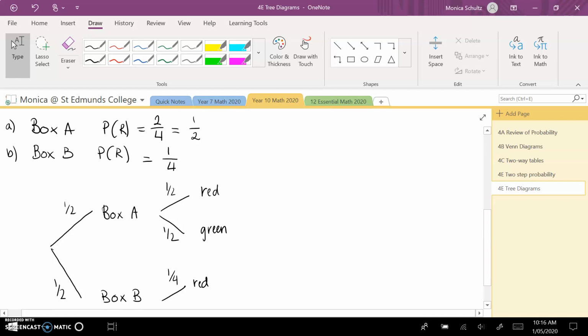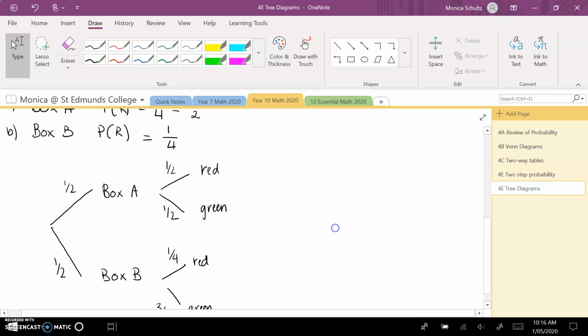What I'm going to do now is write out my outcomes. For each outcome, I'll put it in brackets and say, I got A and then red, or I got A and then green.